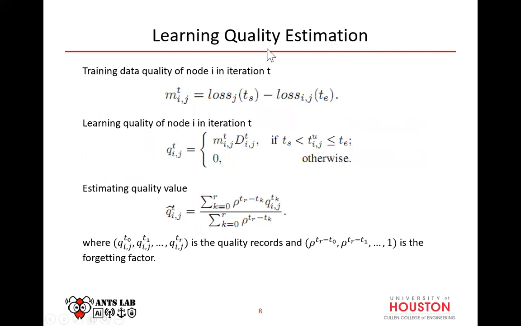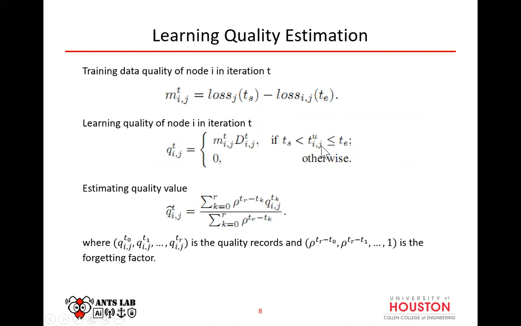This is the first part, the learning quality estimation. Suppose iteration T starts at time Ts and ends at time Te. Participating nodes are required to submit their local model updates at time Tij.